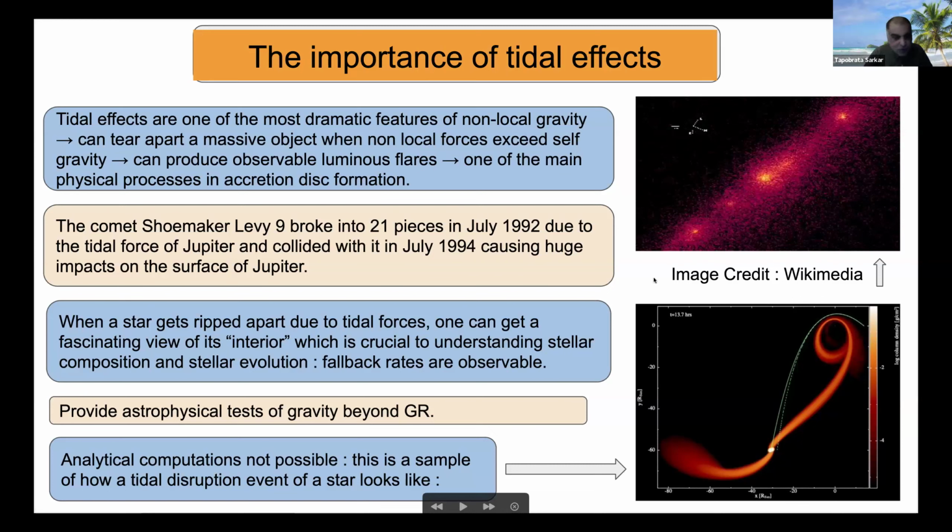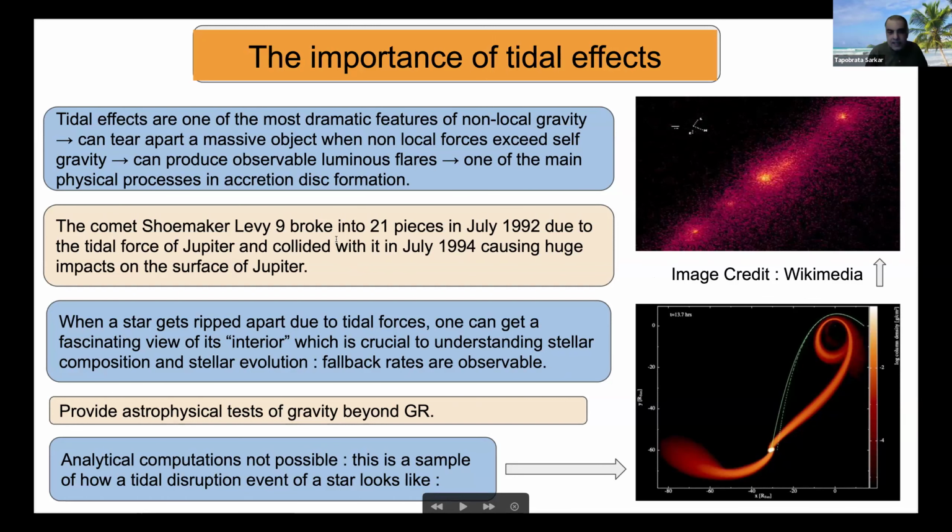Some of you may have heard that, not so long back, in July 1992, the comet Shoemaker-Levy 9 broke into 21 pieces due to the tidal forces of Jupiter and collided with Jupiter in July 1994, causing huge impacts on the surface of that planet.